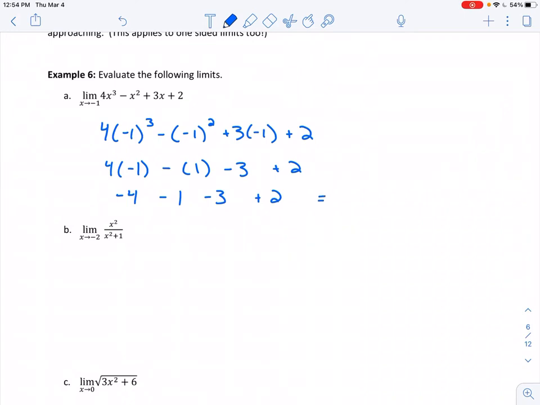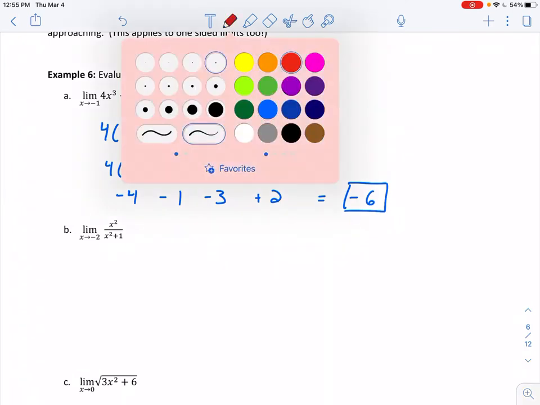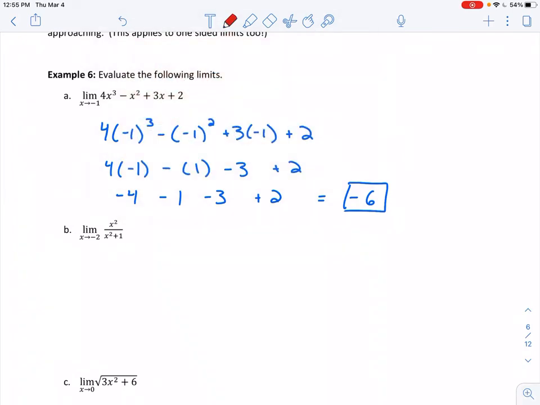Looks like I'll end up with negative 6. That is my limit. There's nothing else I really need to do there. As long as I don't end up dividing by 0 or with a negative under my square root, I'm fine. So that was an example of a polynomial function.